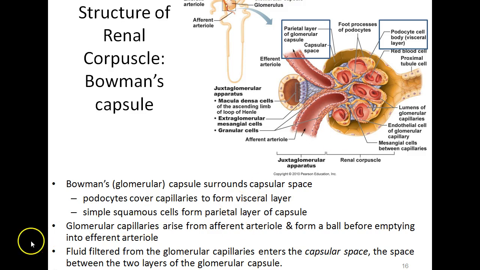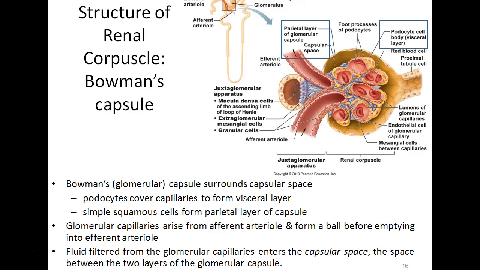Let's go a little bit more in depth into the structure of a renal corpuscle. That is, we're going to look specifically here at Bowman's capsule. So again, let's get our bearings straight that we're looking here at a nephron, and a nephron is a part of a kidney. And that means we're going more in depth into the structure called the renal corpuscle, and we arrive at the Bowman's capsule.